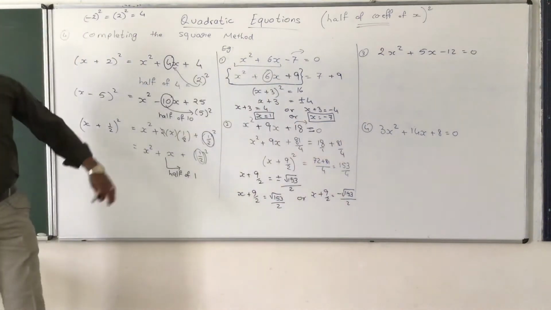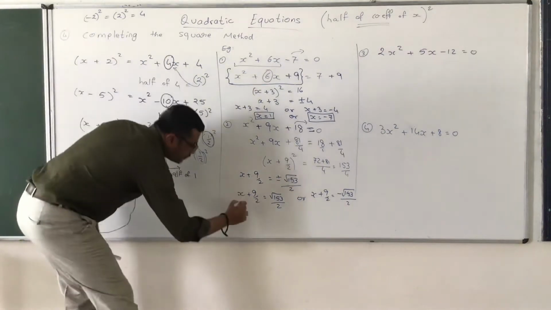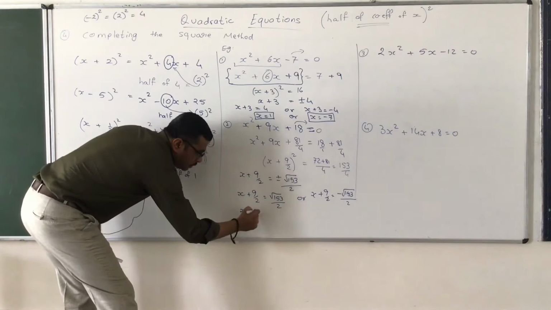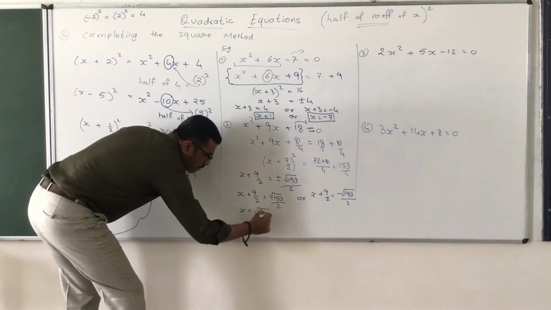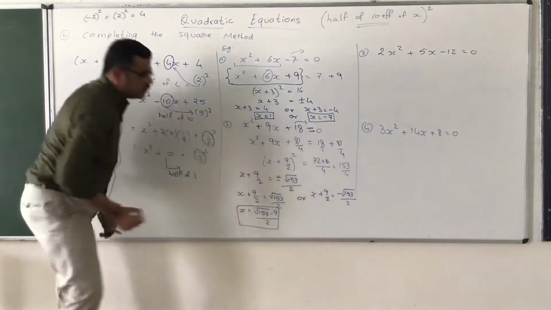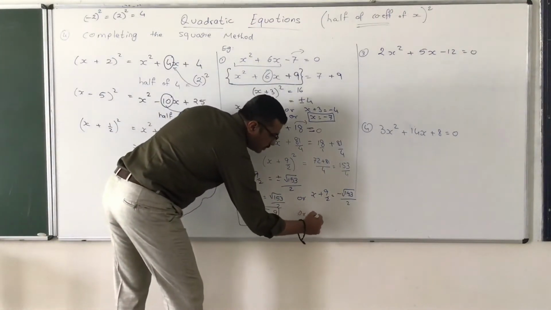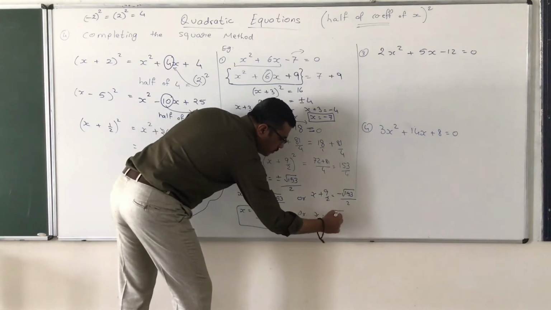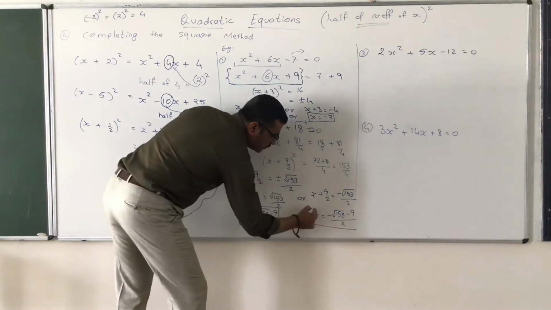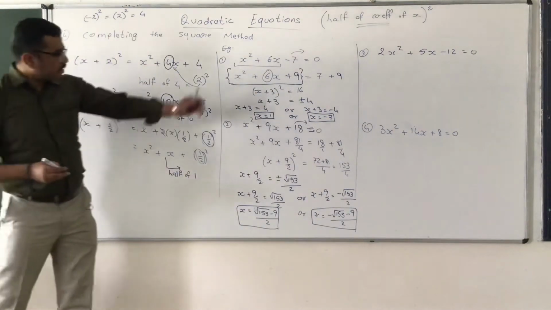And then in the last step, taking 9 by 2 to the other side, we have x equals (square root of 153 minus 9) whole upon 2 as one of the solutions, or x equals (negative square root of 153 minus 9) upon 2 as the other solution. So I hope this makes sense.